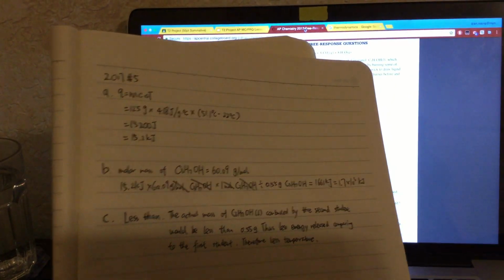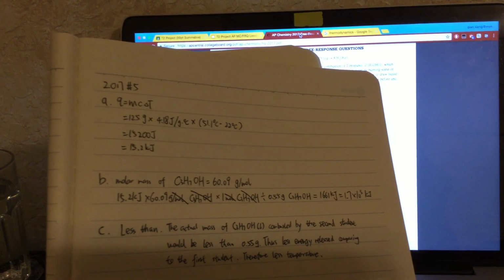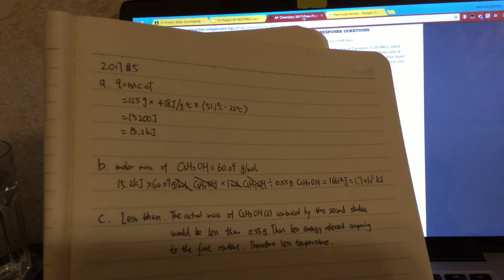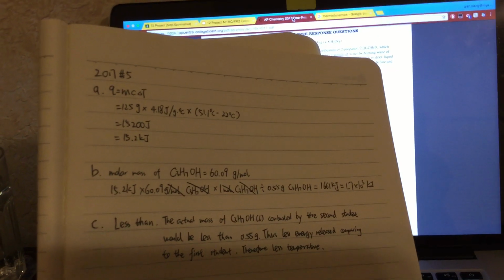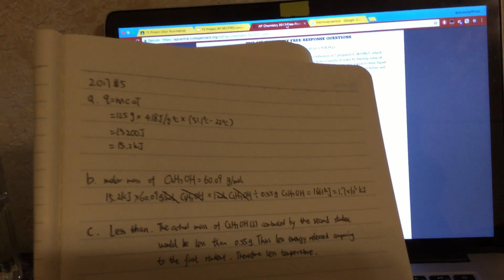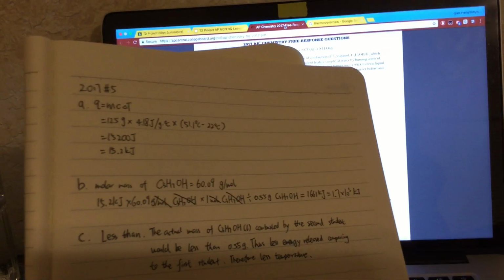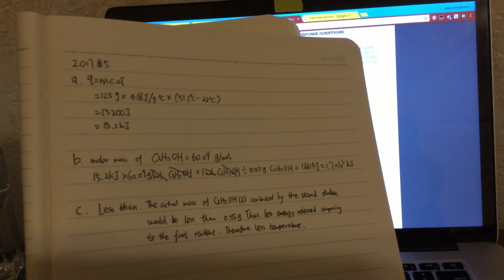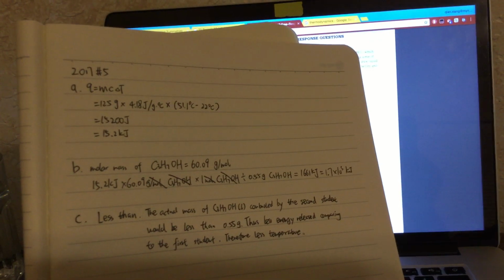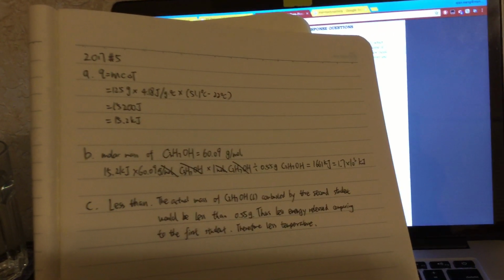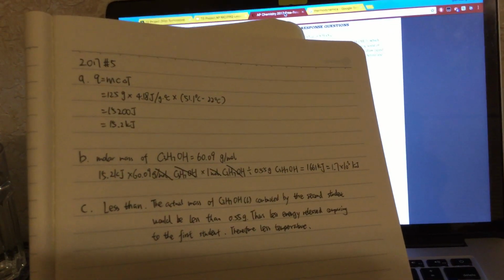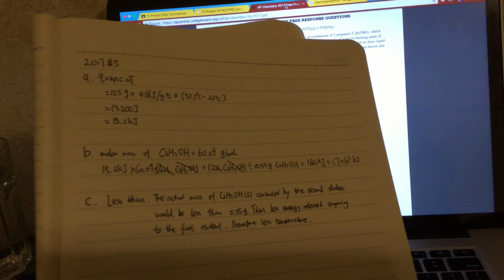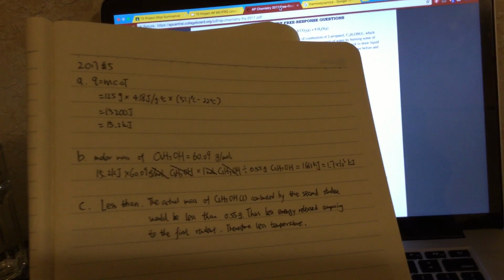First we find the mass of 1 mole of that: 60.09 grams per mole multiplied by 1 mole, which is 60.09 grams if 1 mole is combusted. Then we divide it by 0.55 gram, and that's the ratio to 1 mole. Then we multiply it by 15.2 kilojoules. That's how we get the energy if 1 mole of this compound is combusted.